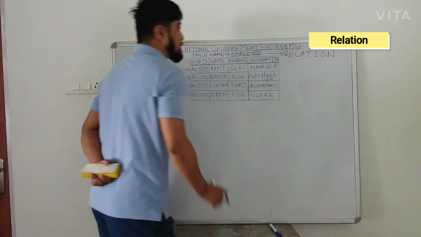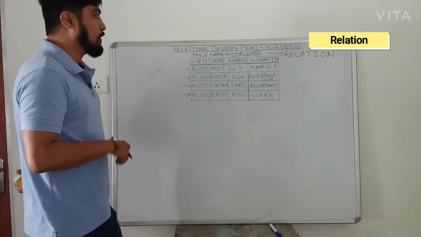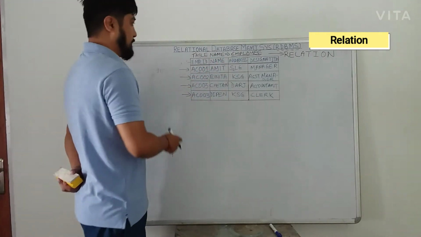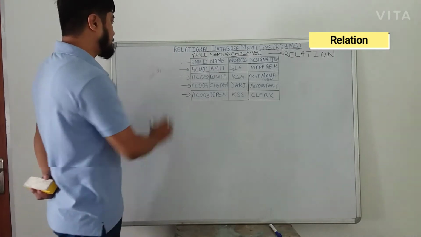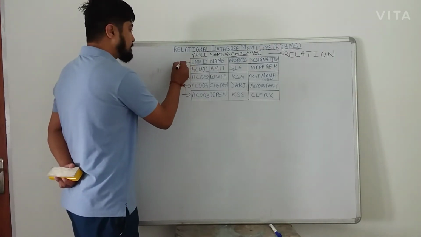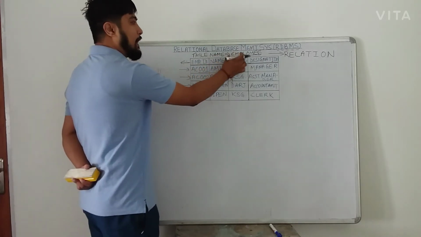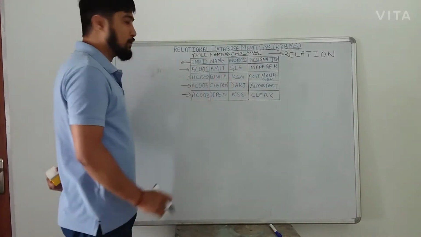Since all the values of the fields are interrelated with each other, next are the headings EMPID, name, address, and designation.